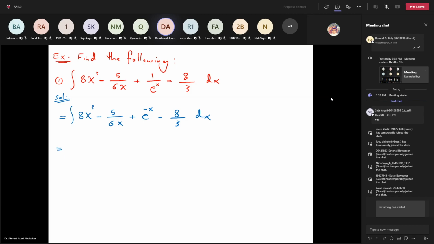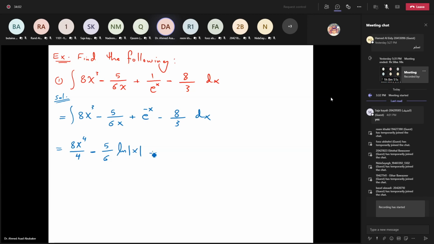So the integral of 8x to the power 3, this is 8x to the power 4 over 4 minus 5 over 6, this is the coefficient of x in denominators. Okay, put 5 over 6, this is the fraction outside the integration, so we have the integral of 1 over x. 1 over x, this is ln absolute value of x.